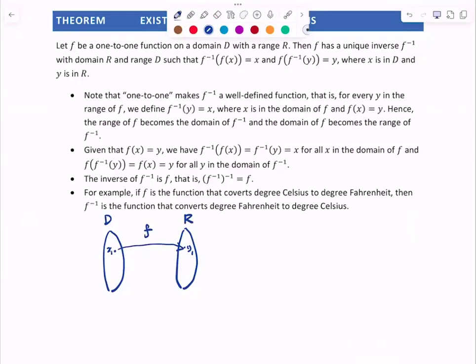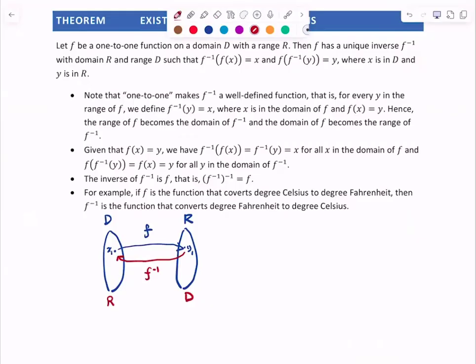And the reverse going this way, I call this reverse assignment f inverse. So this is the domain with respect to f inverse, and this is the range for f inverse.